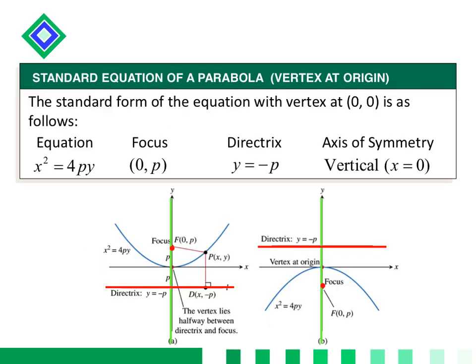Let's look at some standard equations of a parabola, starting with the parabola based at the origin. If the parabola opens up or down, this is going to be the equation. The focus is given by (0, p), the directrix by that equation, and the axis of symmetry is vertical, the y-axis, x equals 0.